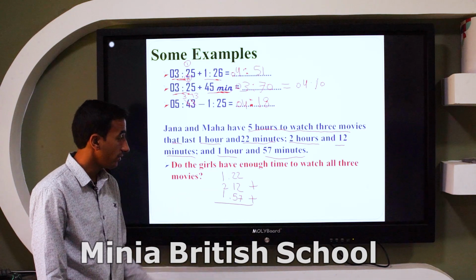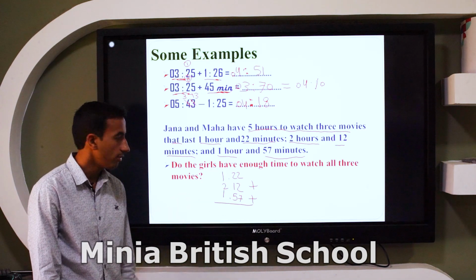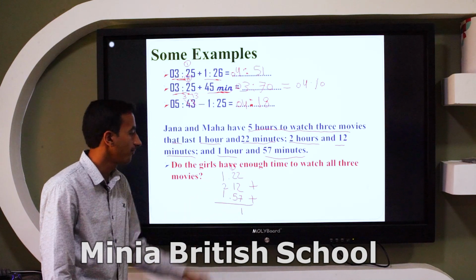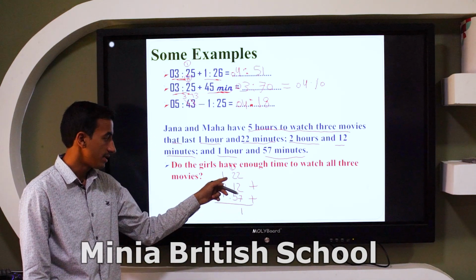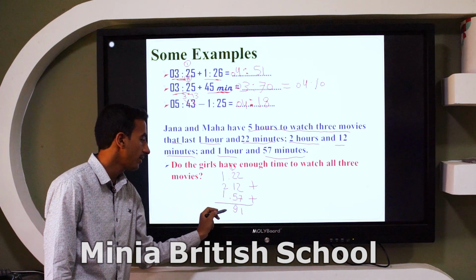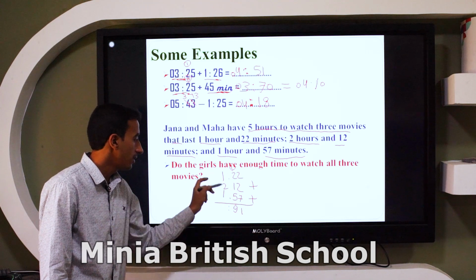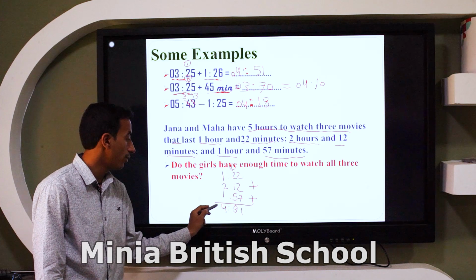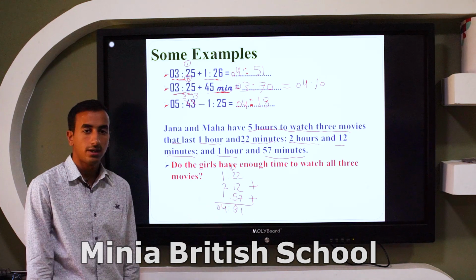So we can add together: 2 plus 2 equals 4, 4 plus 7 equals 11, write 1 and carry 1. 1 plus 2 is 3, 3 plus 1 is 4, 4 plus 5 equals 9. And here 1 plus 2 is 3, 3 plus 1 is 4. 4 hours and 91 minutes.